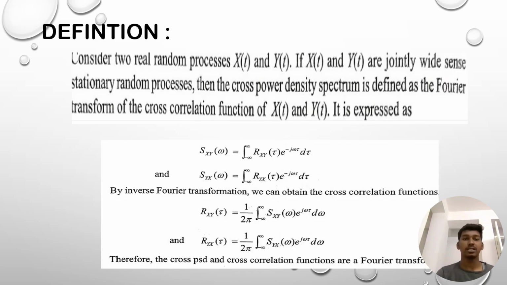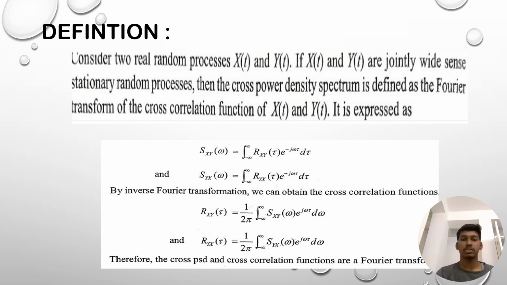And the definition is, let us consider two random processes, x of t and y of t. They are both jointly wide-sense stationary random processes. For the two random processes to be wide-sense stationary, the mean must be constant, and the autocorrelation depends on the difference of the times, not on the absolute time.